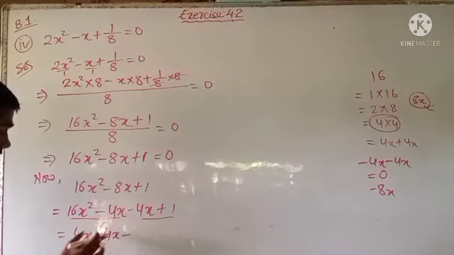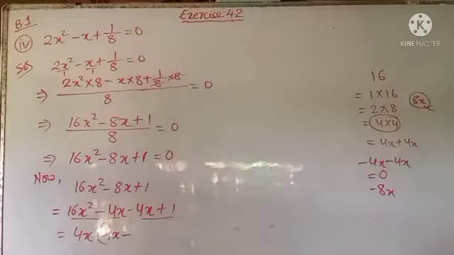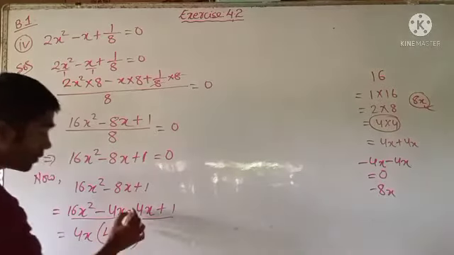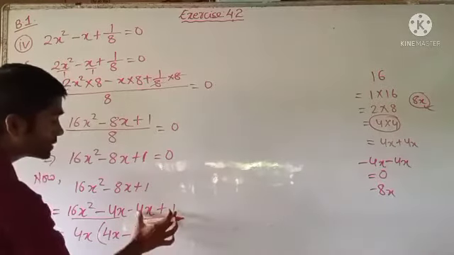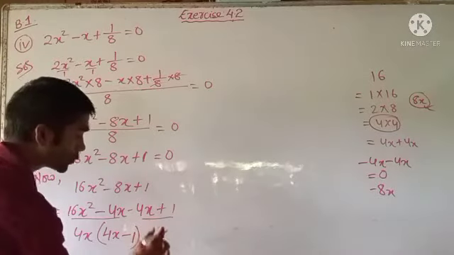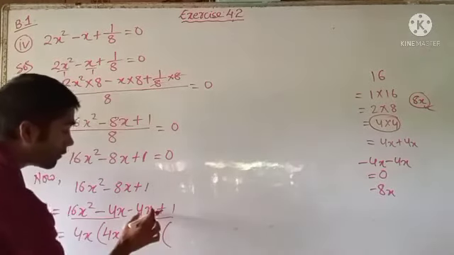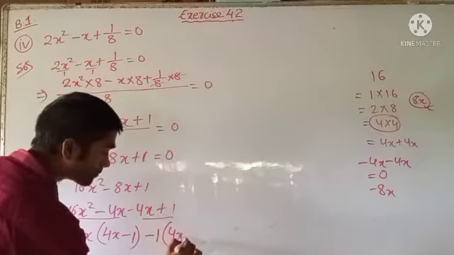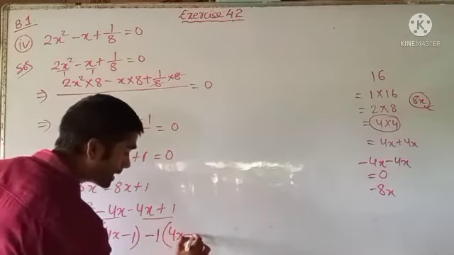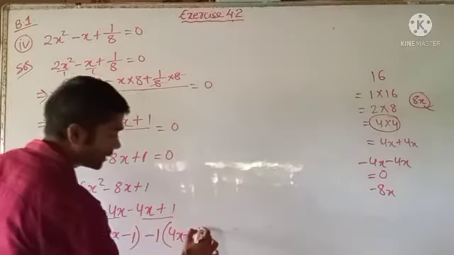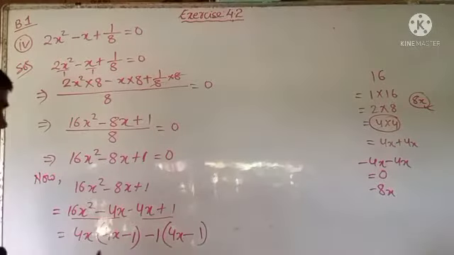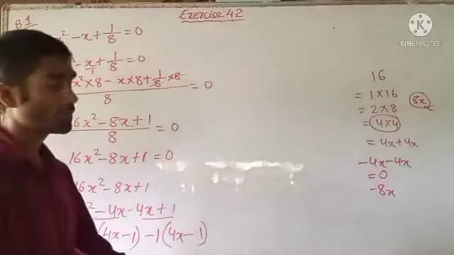Minus from 4x, if we take the same thing, that is 4x common, then 1 is left. Now minus, among these two, what is common? Nothing is common, so we'll take 1 as common. Now 4x minus, minus into minus will change into plus and 1. So we got the same thing, that is 4x minus 1, here also 4x minus 1.